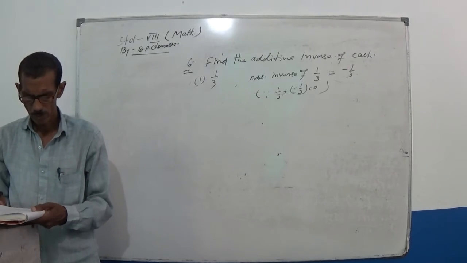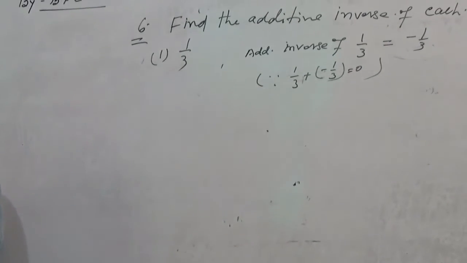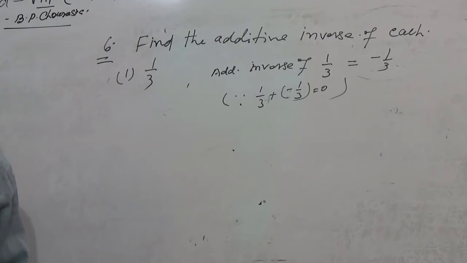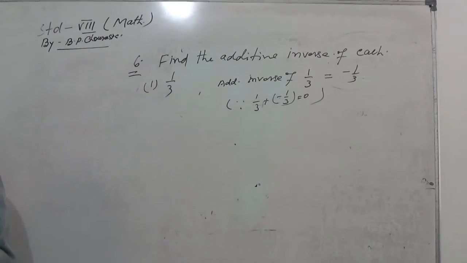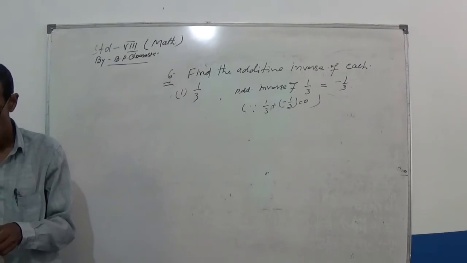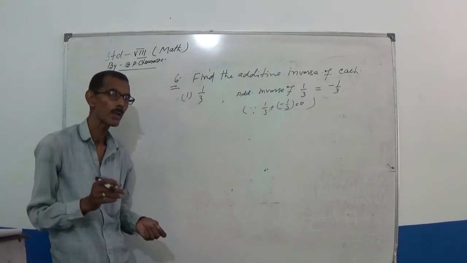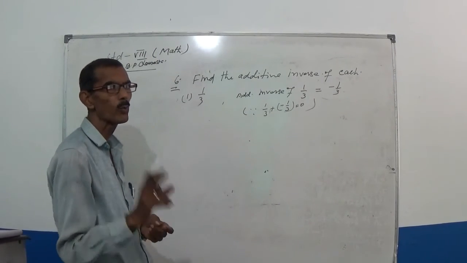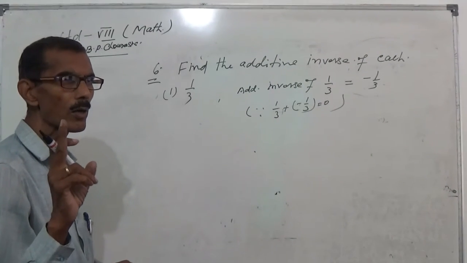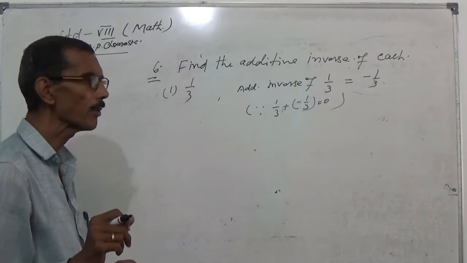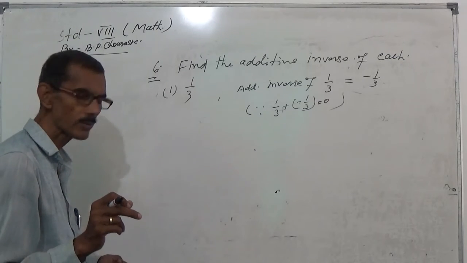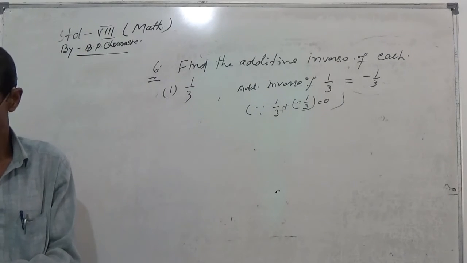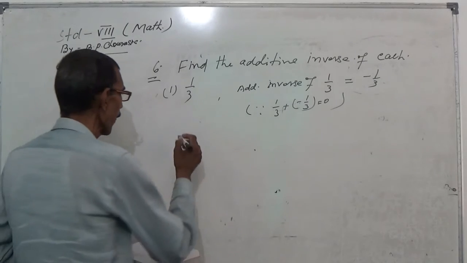Some problems are also word problems: if the sum of two rational numbers is given and the value of one of them is given, then you can find the other rational number. Here, question number 9.